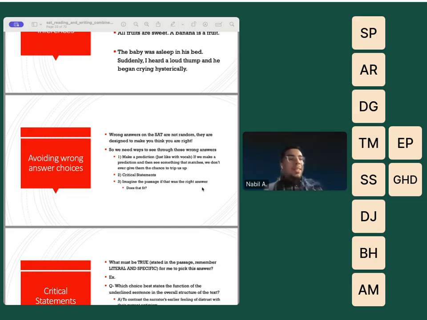If you see that it does not fit in the passage, then most likely that's not the right answer. So essentially, does my answer choice fit? At the end of the day, I want you to be able to determine why the answer you chose is right, and to prove why the other three choices are wrong. That's the ultimate goal with SAT prep.